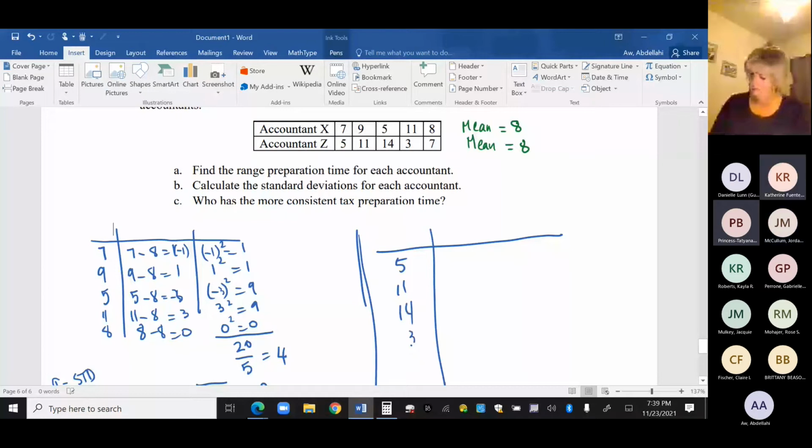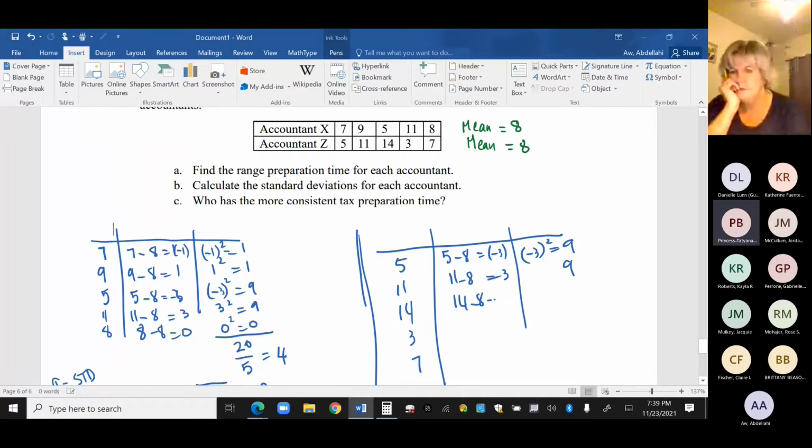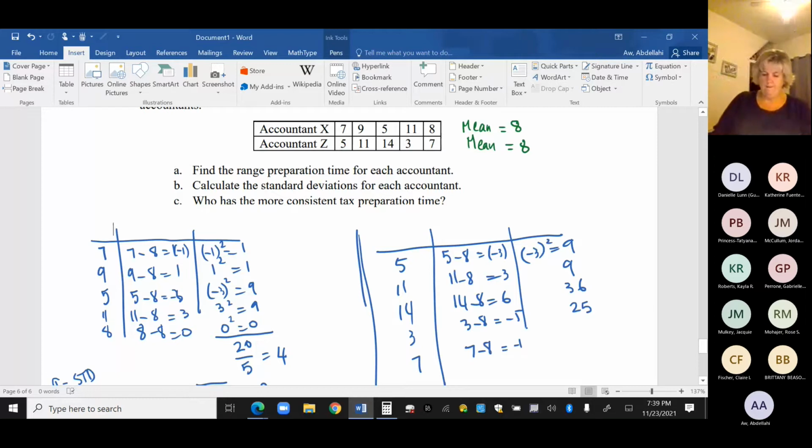So 5 minus 8 is -3, and -3 squared is 9, right? 11 minus 8 is +3, which squared is 9. 14 minus 8 is 6, this is 36. 3 minus 8 is -5, this is 25. And 7 minus 8 is -1, this is exactly 1. We add them up, how much do we get?